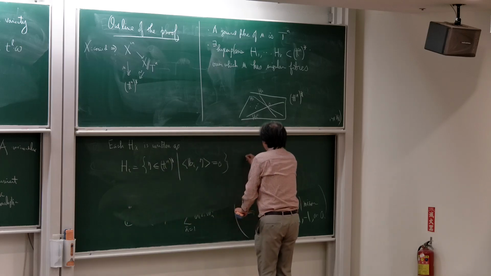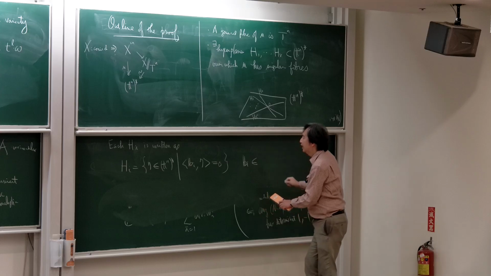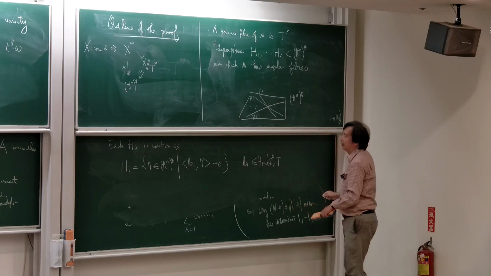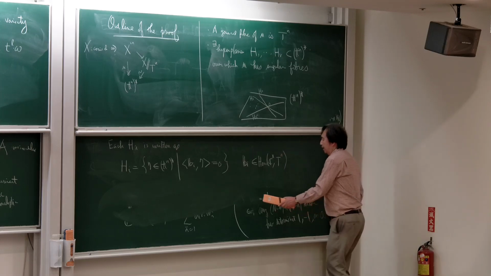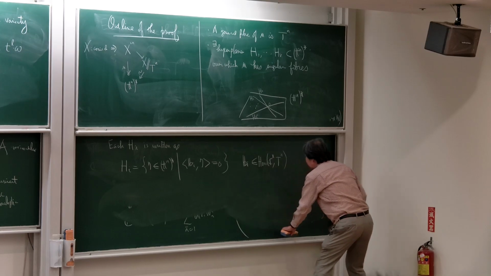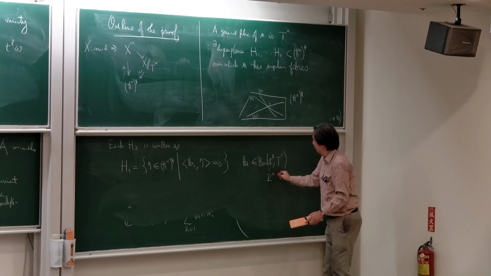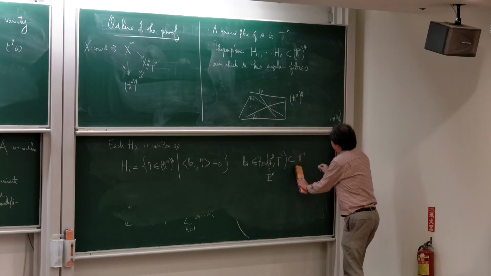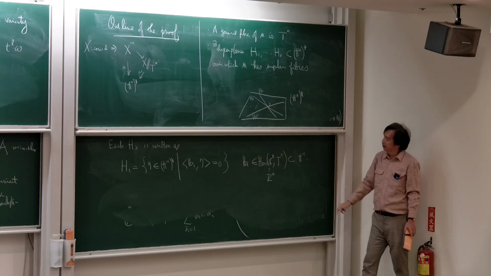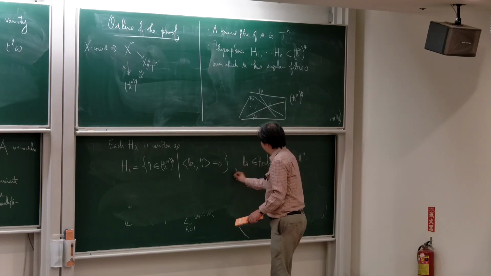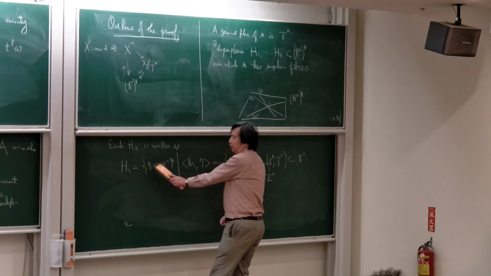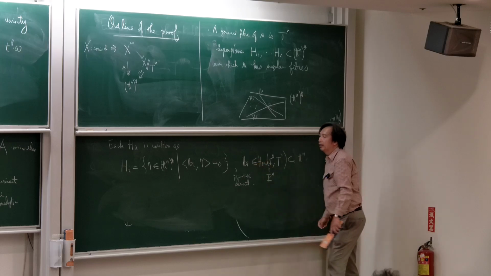Here, what is Bi? Bi is an element of the one parameter subgroup of Tn. This is identified with Zn, and it is naturally embedded in the Lie algebra of the torus. This is some primitive element. So it's the zero locus of some primitive element Bi.